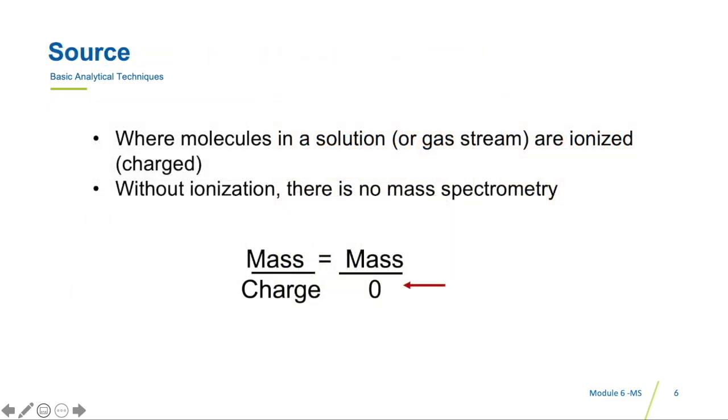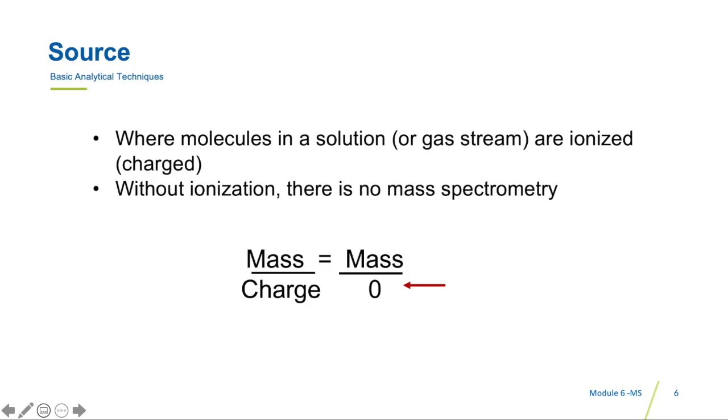As mentioned before, the source is where the solution, or the gas stream coming out of the GC, enters the mass spectrometer and chemicals of interest are ionized or charged either negatively or positively. It is important to remember that without charge, there would be no mass spectrometry, and while it looks simplistic, this formula reminds us.